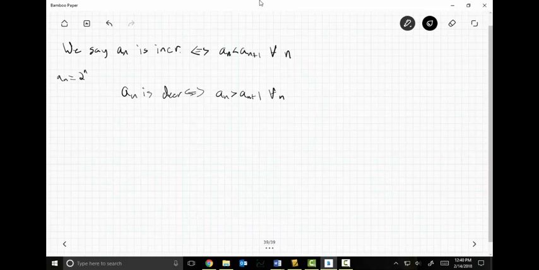I can determine when a function is increasing or decreasing by simply taking a derivative. If f of n equals a sub n, and f primed of n is less than 0 for every n, this implies a sub n is decreasing, which is kind of nice.